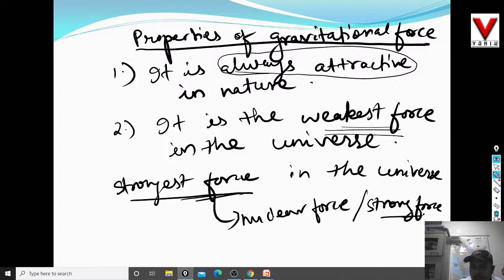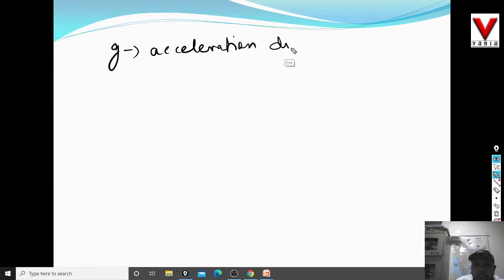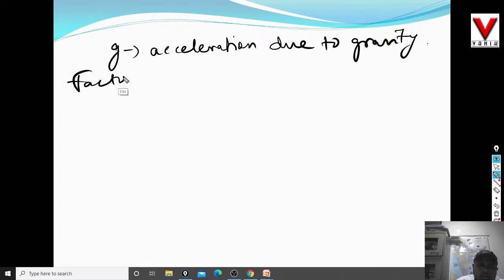Now this small g is known as acceleration due to gravity. We all know. Now there are some factors that affect acceleration due to gravity.